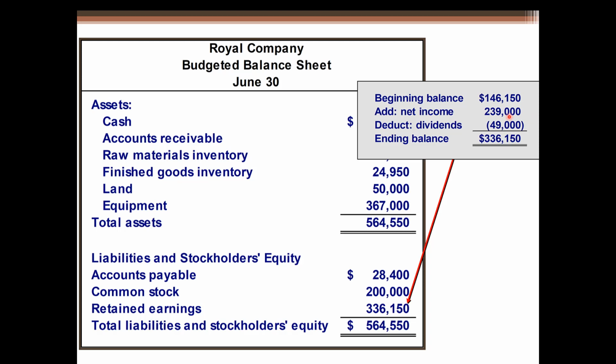We add this number to beginning balance minus dividends. This is cash dividends paid in April, and then we can get ending balance of retained earnings 336,150. We add up together to get total liabilities and stockholders' equity balance. This is the same as total assets. And this is our budgeted balance sheet.